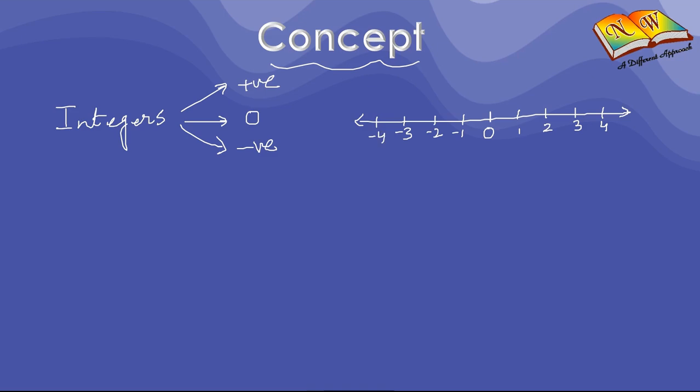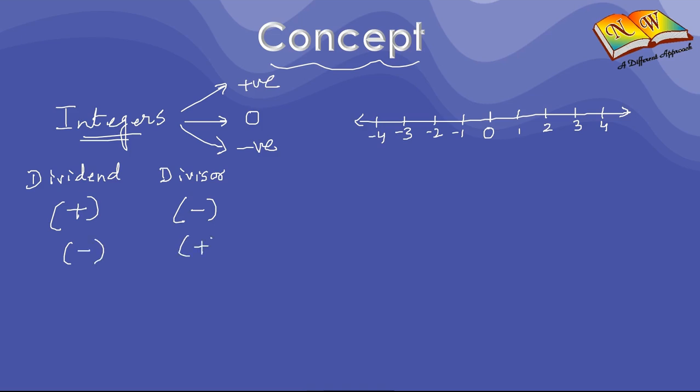Now when we divide the integers, we have to follow some sign conventions. Let's call the number being divided the dividend, and we have the divisor. If the dividend is positive and divisor is negative, or the other way around, dividend negative, divisor positive, in both these cases the quotient, or the result which you obtain after division, will have a negative value.